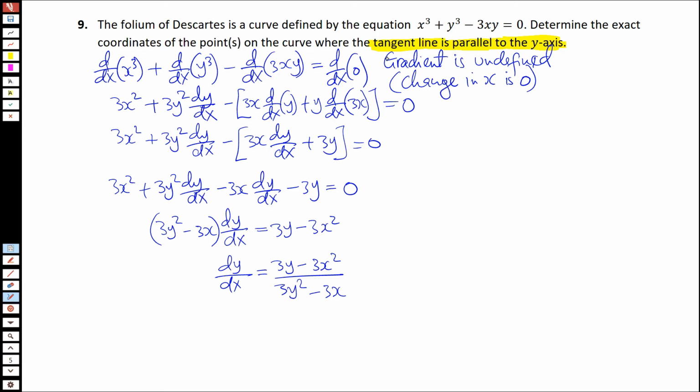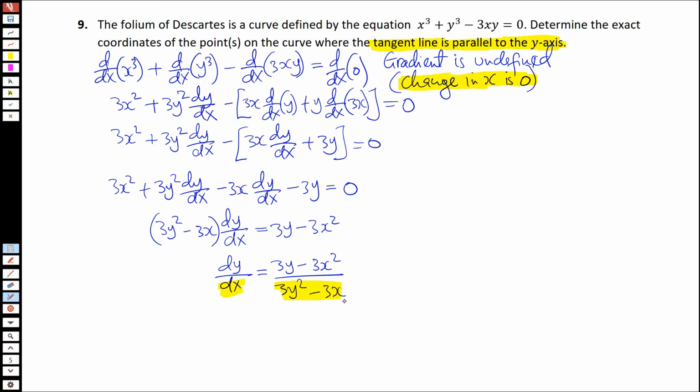Now, what we're saying here is that the change in x is 0, which implies that the denominator of dy over dx is 0 at the given points that you're trying to look at, where the tangent line is parallel to the y-axis.